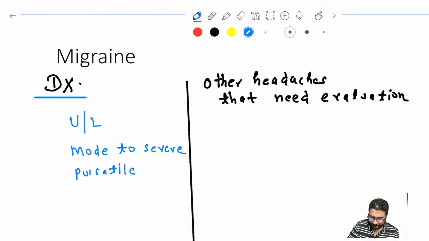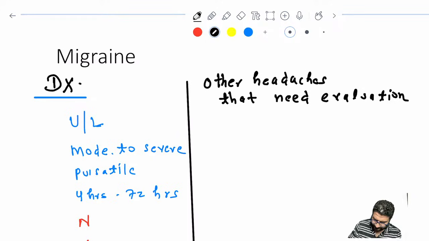And remember, duration will be 4 hours to 72 hours. So unilateral, moderate to severe. Then this headache will have nausea or vomiting. This headache will have photophobia or phonophobia.